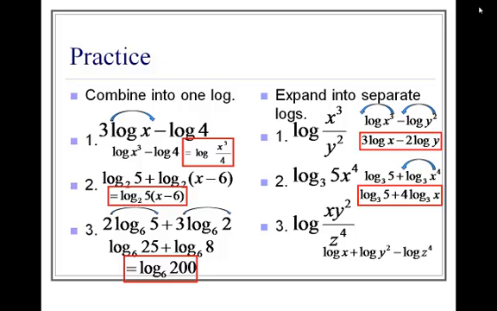So our beginning part is log of x, and then plus log y squared, and then minus log z to the 4th. Now you have an exponent on the second log, and you have an exponent on the third log, and they're going to move out in front. So our final answer would be log of x plus 2 log of y, and then minus 4 log of z. Okay, that's how you expand back into separate logarithms.